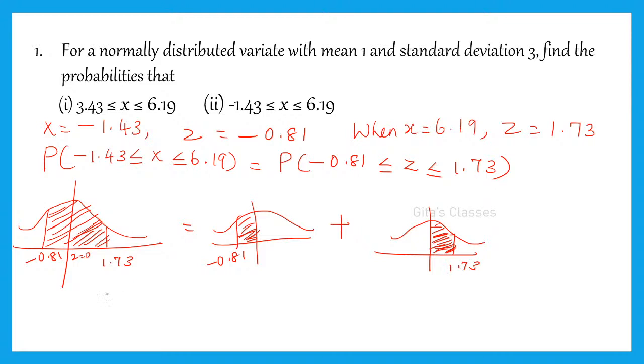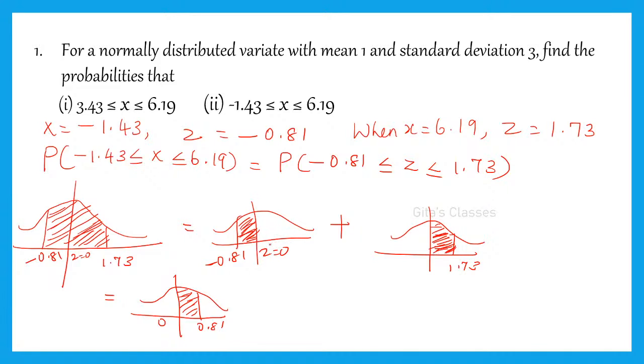How will you find this out now? Negative we don't know, but we know that the normal curve is symmetric about the line z is equal to 0. Symmetric means instead of minus I can write plus 0.81, because it is symmetric about the line z is equal to 0. Whether I take minus 0.81 to 0 or 0 to plus 0.81, it will be the same.